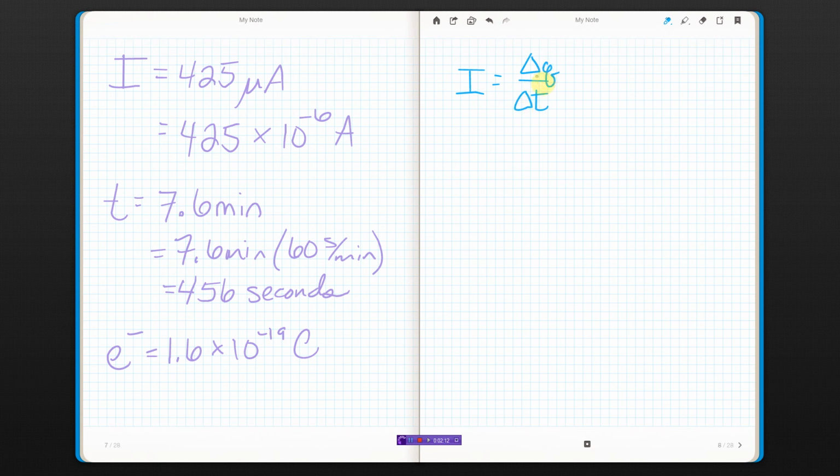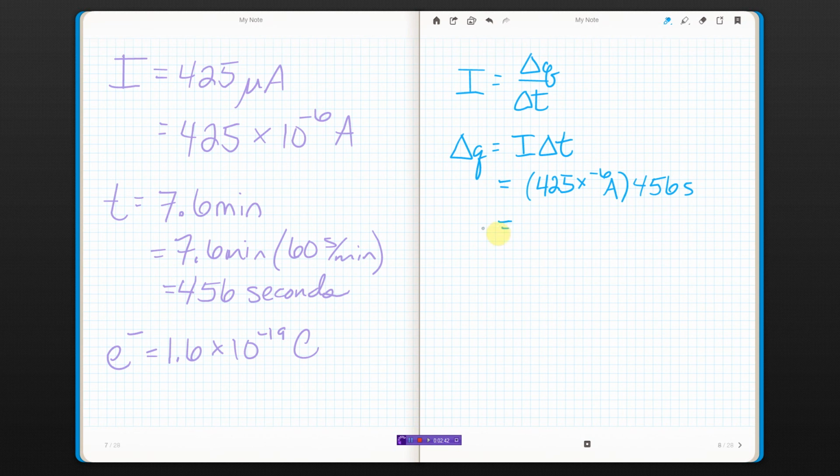We have I and T, and that will give us Q. So basically delta Q is I times delta T, which for us is 425 times 10 to the negative 6th amps times 456 seconds.